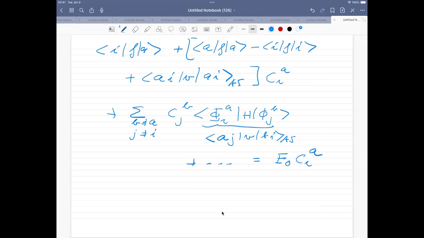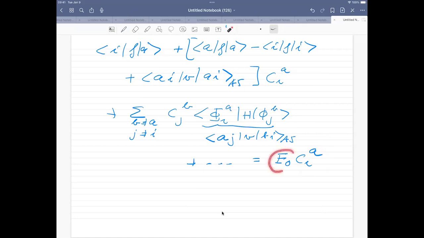So it's not a very practical way of writing it, but we have a set of equations which we can start solving with a given guess. But now the thing I want you to notice is that here these coefficients appear as a linear coefficient.